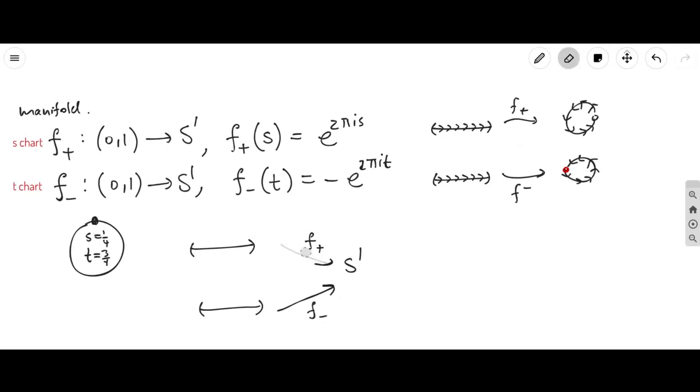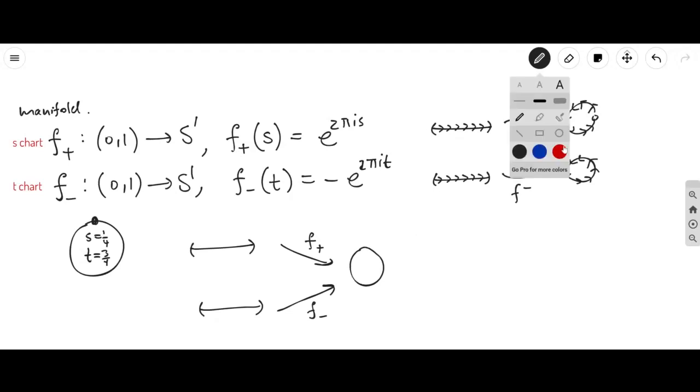And if you look at the way the image of this and the image of that intersect, they will give you the entire circle minus 2 points. So these will be the 2 points that are missing. That's the way the images intersect. And then when you take this open set and pull it back to each chart, you would have the missing point, you would have the missing origin, well, not the origin, but you'll have the missing center.